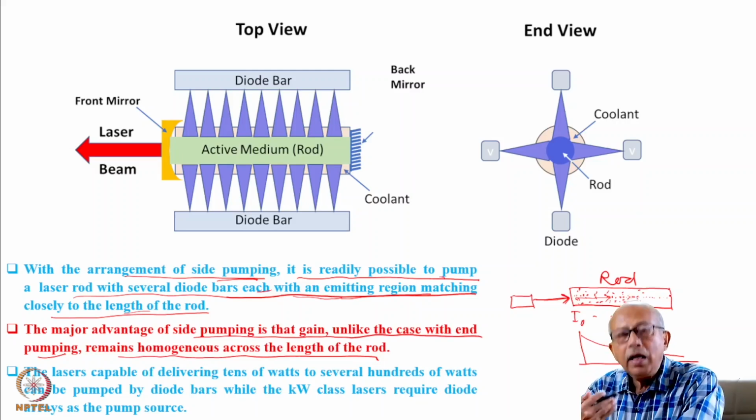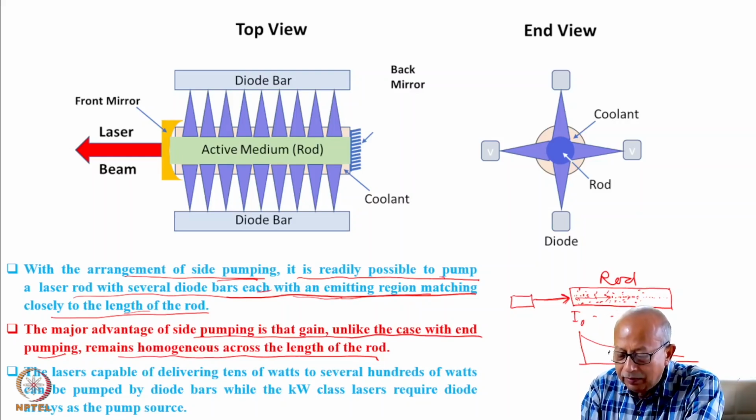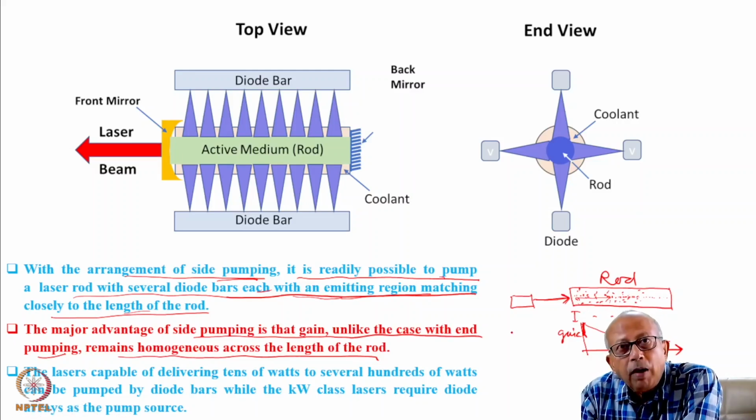And if fewer photons are available, the gain that will be created also will be lower and lower. So if you plot the gain as a function of the length of this rod, at the entrance the gain will be maximum, and then it will gradually drop as the intensity of the beam drops. So the gain would not be homogeneous in the case of pumping through one end.